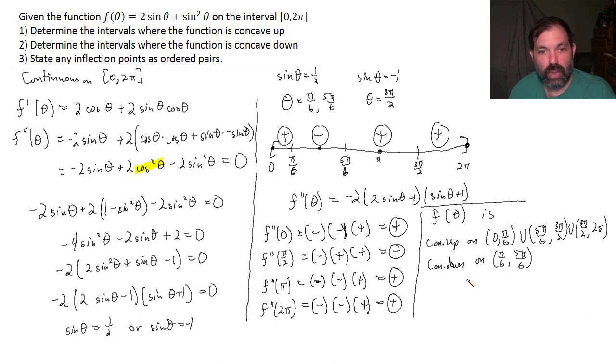And we see two inflection points. We have inflection points at pi over 6, and then f of pi over 6 would be 2 sine of pi over 6 plus sine squared of pi over 6. Let's do a little side work here.